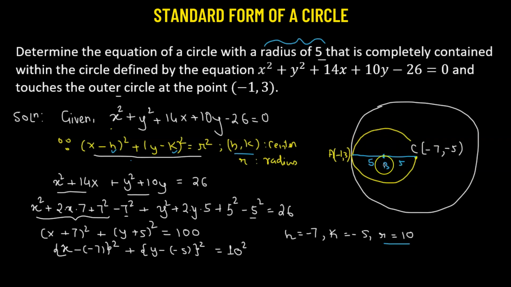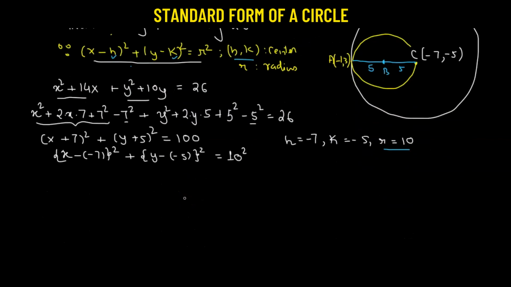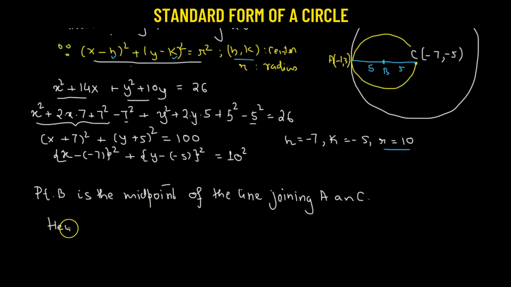Now from the diagram, it is quite clear that the point B is the midpoint of A and C. So we can use the midpoint formula to find the coordinate of point B. Hence, we can say that -1 plus -7, so we're adding the x coordinates, and dividing by 2, is going to give us the x coordinate of point B. So let's suppose that the coordinate of point B is given by (alpha, beta).